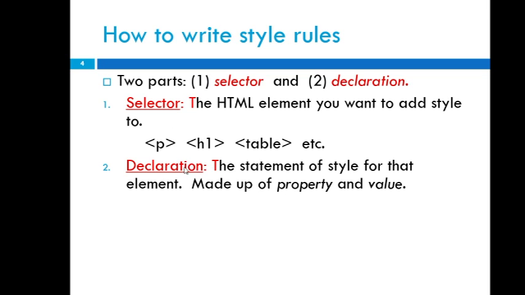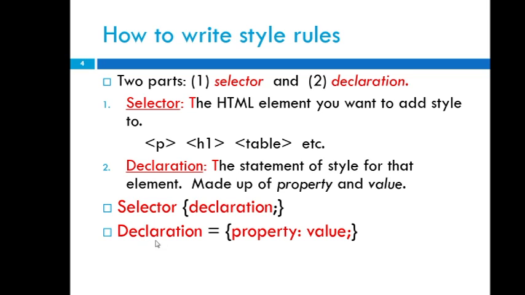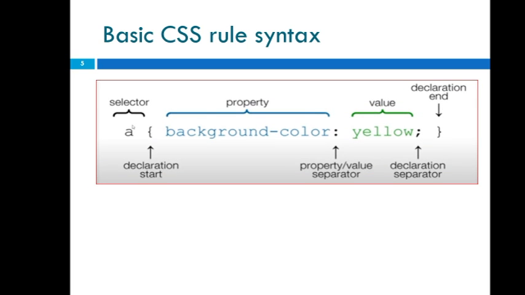The declaration is made up of two parts. First one is property and second one is value. Property and value. So the basic CSS rule, or you can say the syntax, we have to follow this syntax.